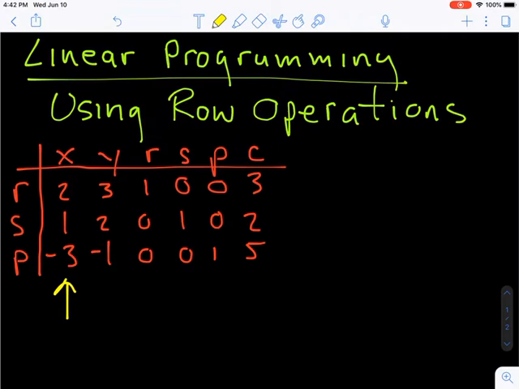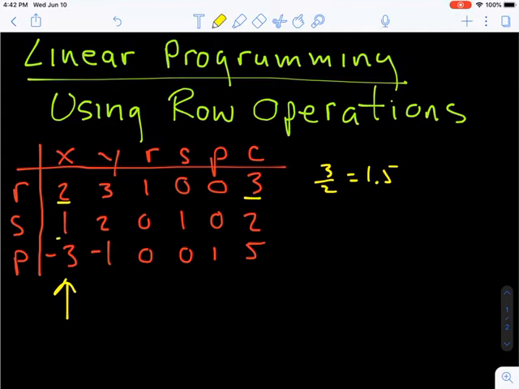Then what we do is we need to find the pivot number in the pivot column. So the pivot number must be positive. So the 2 is positive and the 1 is positive. So which one do we choose? This is where we look at the ratios. So I'm going to take the ratio of this number divided by that number, 3/2, which is 1.5.